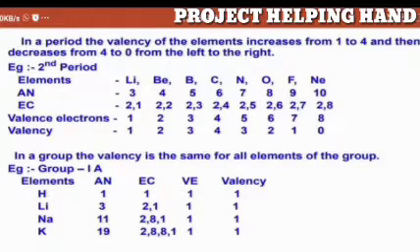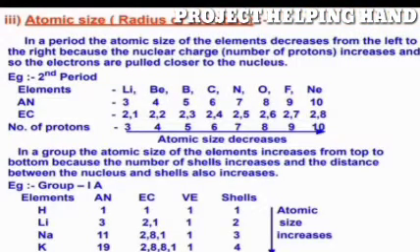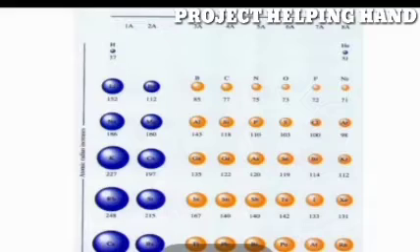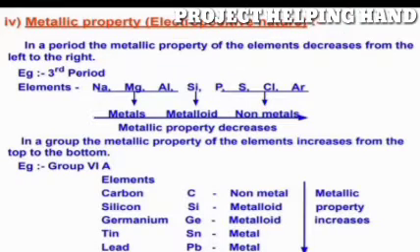And also you need to know the atomic radius, atomic size, and how it decreases and increases. Coming to the next, metallic property, you need to know what metallic property and electropositive nature are, and how they increase and decrease in the modern periodic table.